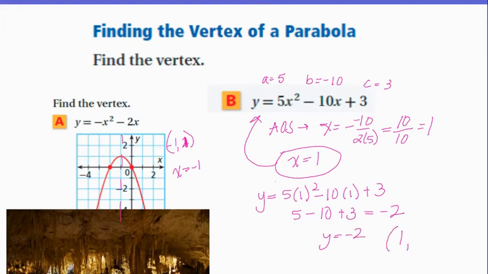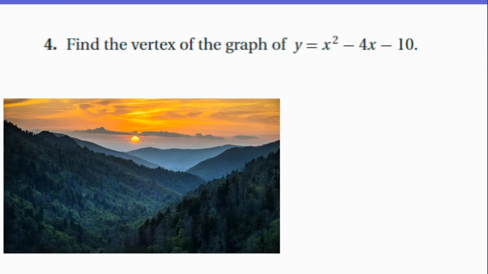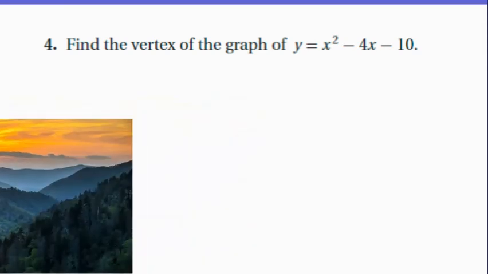So my vertex, using the axis of symmetry, and then the original equation, so I got this from the AOS, and I got this from the original equation. I can use what I know about the axis of symmetry to find the whole vertex. Okay, so find the vertex of this graph. Again, I am going to use my axis of symmetry, -b over 2a. -4 over 2 times 1.